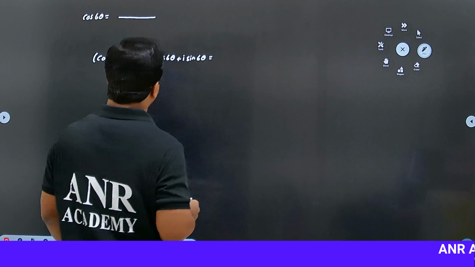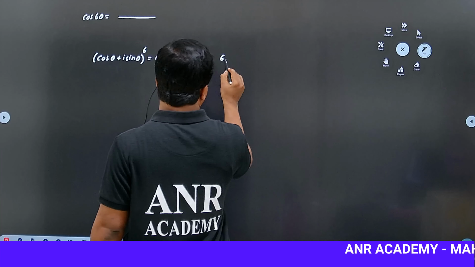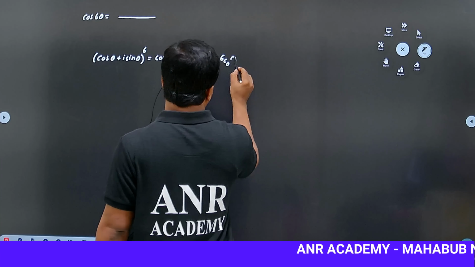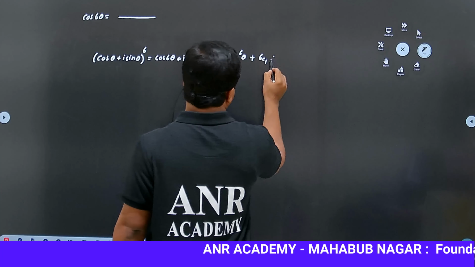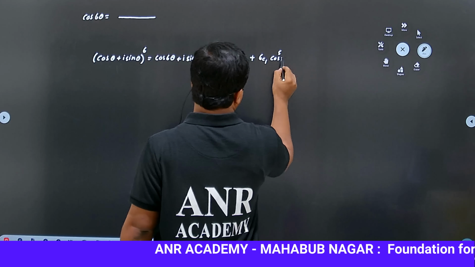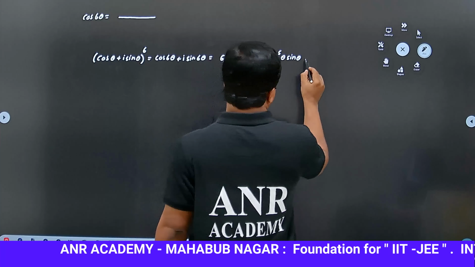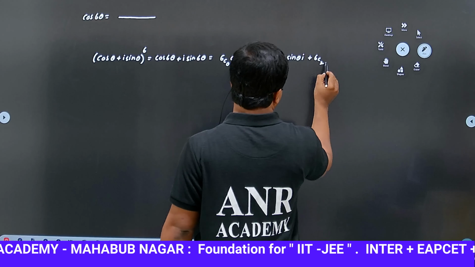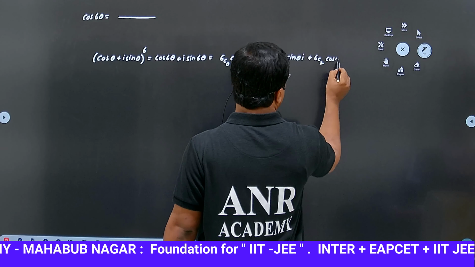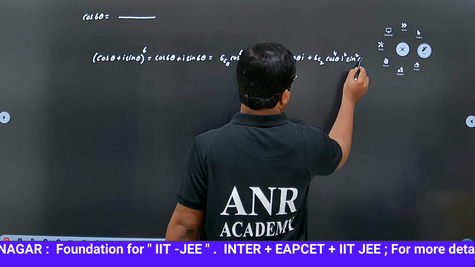Also with the help of binomial expansion, the first term 6C0 cos^6 theta plus 6C1 cos^5 theta multiplied by i sin theta. Next, 6C2 cos^4 theta i^2 sin^2 theta.